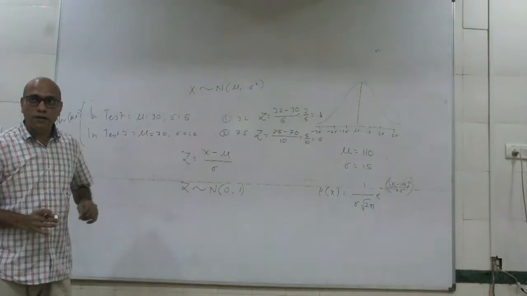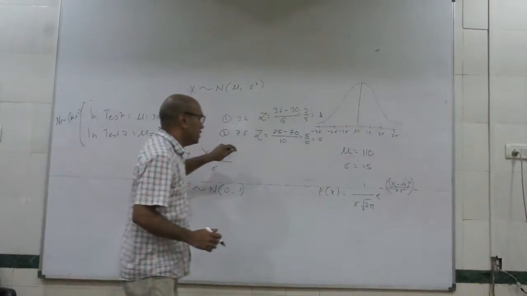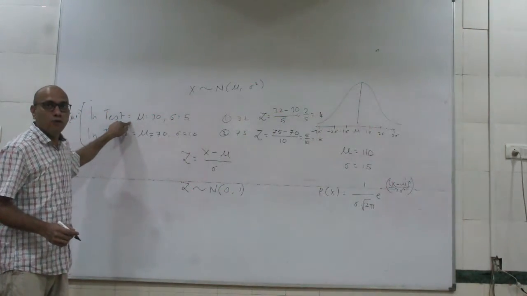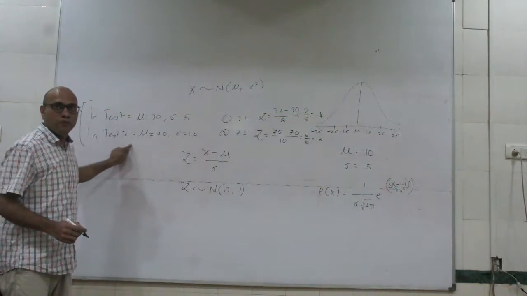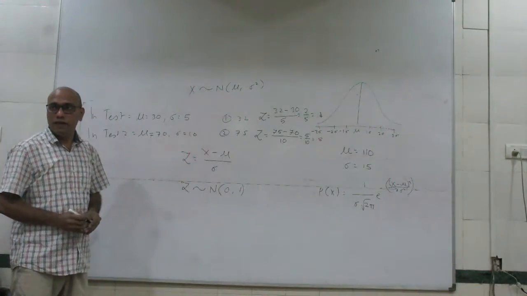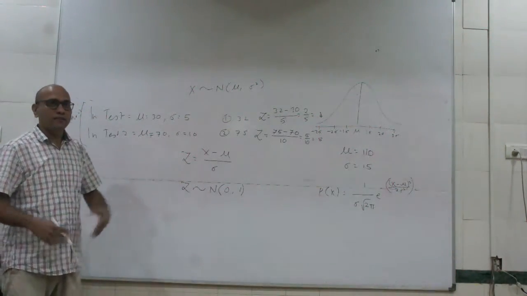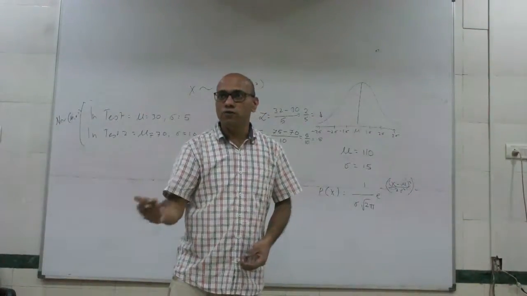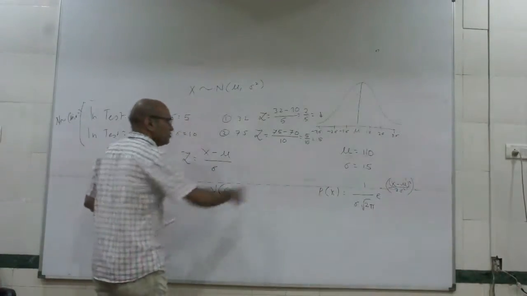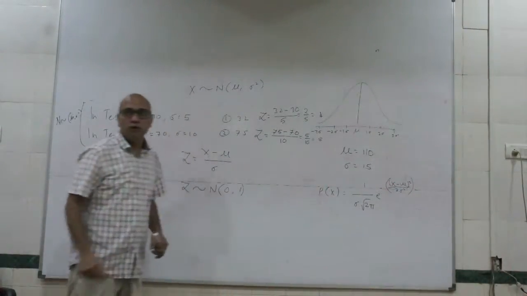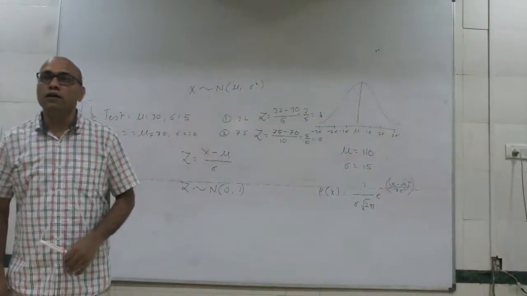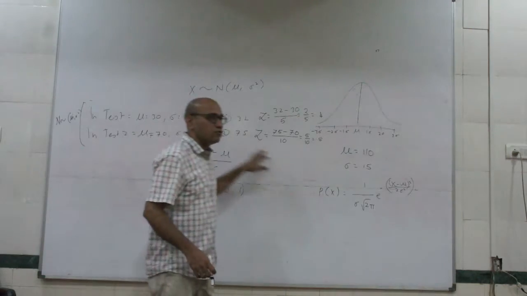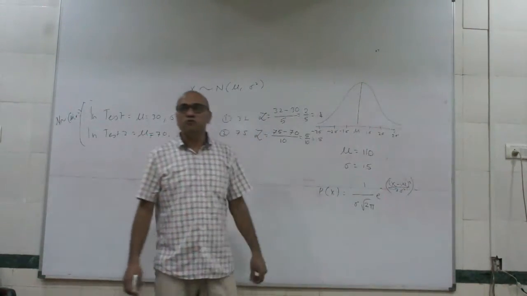Now, what I can say is the Z of participant 1 is 0.4 and Z of participant 2 is 0.5. Now what is Z? Z is something that follows normal distribution with a mean 0, variance 1. So participant 1 is having a score of 0.4 and participant 2 is having a score of 0.5. Whose score is bigger?